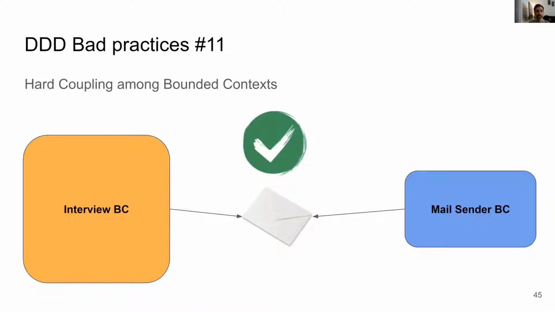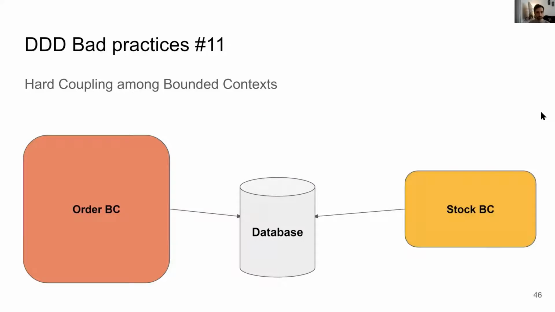Then the mail sender, who is listening to this message, will receive it and do other work. Afterwards, the mail sender could send another message to other bounded contexts and so on. By using message-based systems, you can loosen the coupling between bounded contexts. Now, if the mail sender crashes, the interview bounded context can continue its work and nothing bad happens.